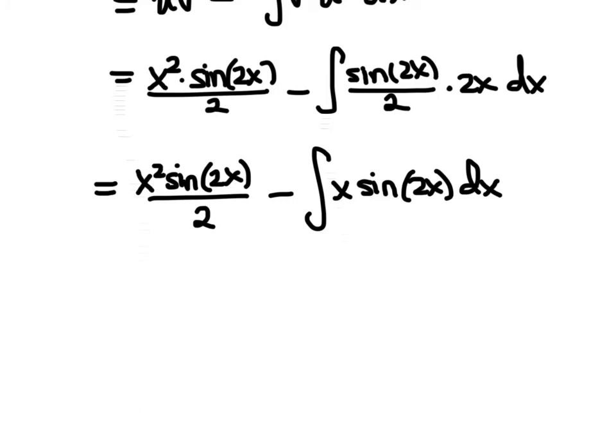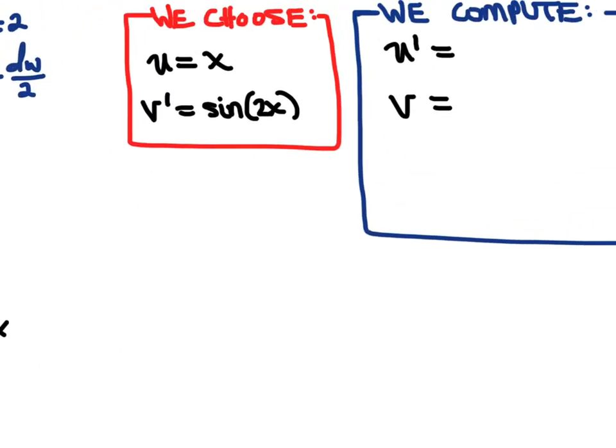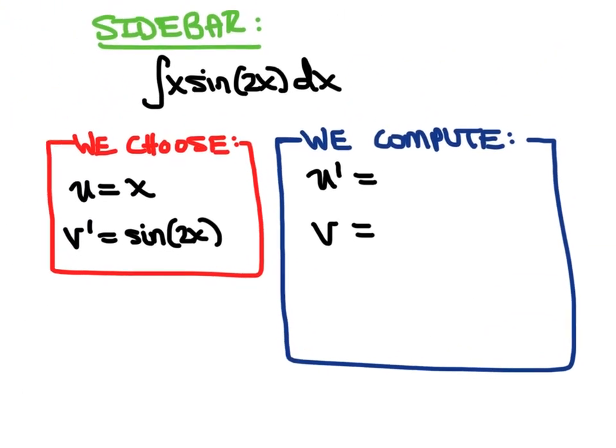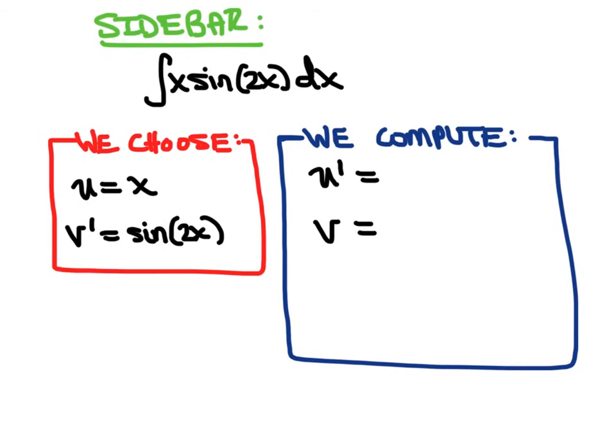Okay, so when we look at this new integral that we have to solve, we notice that we're going to need another integration by parts. So that leads us to come over to the side, and I call this the sidebar because it's basically a problem within a problem, to do this second integration by parts.